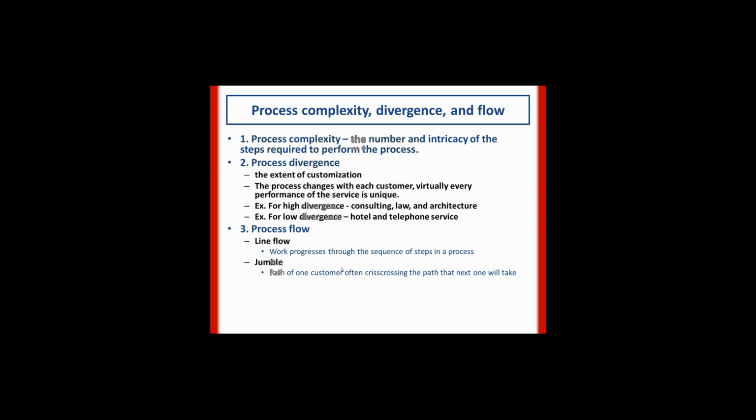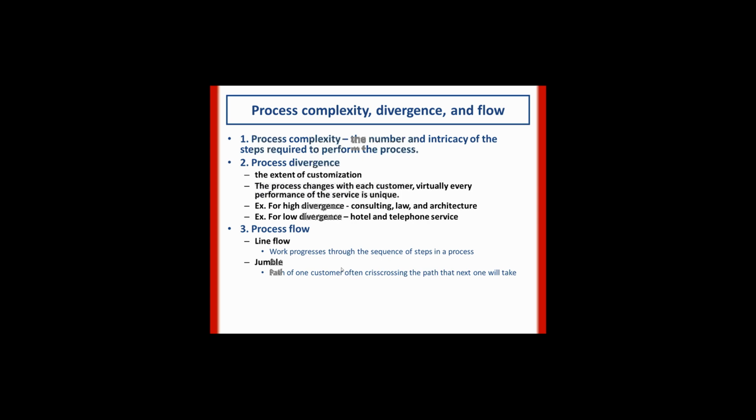The flow of the process is also important in order to classify the type of service organization. A process can be a straightforward line flow, where work progresses through a sequence of steps in the process, or the process can be very jumbled, with paths crisscrossing each other.